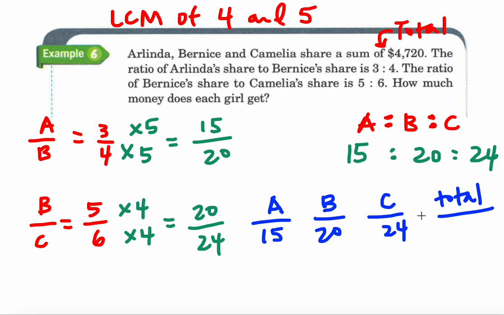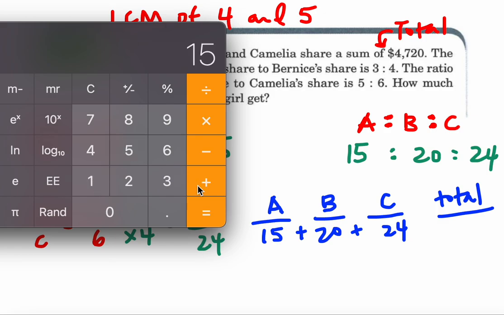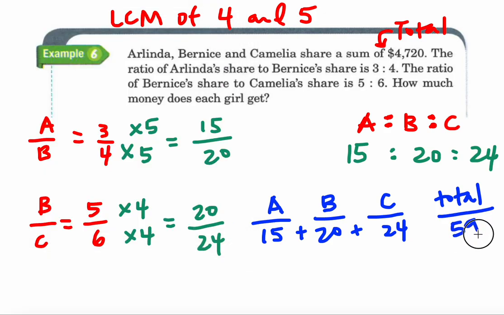Maybe they're sharing this sum because they're all contributing money and Camelia contributes the most, right? Okay, so they have this joint pot of money. We got to add them all together to get the total. So let's see, 15 plus 20 plus 24. They have a total of $59 at their most simplest ratio when compared to each other.